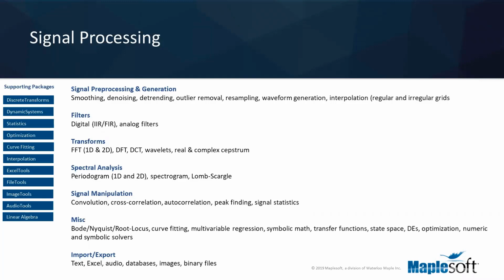There's a lot of miscellaneous tools in all of these supporting packages for generating phase magnitude plots, curve fitting, multivariable regression, symbolic math tools, transfer functions, state space models, differential equations, optimization, and more. And as I mentioned on the previous slide, you can also import and export many different types of data as well.